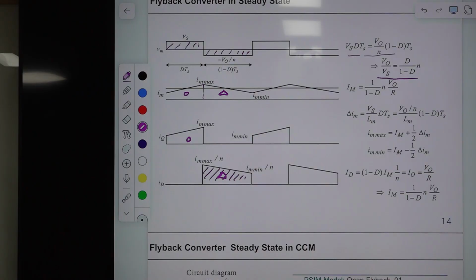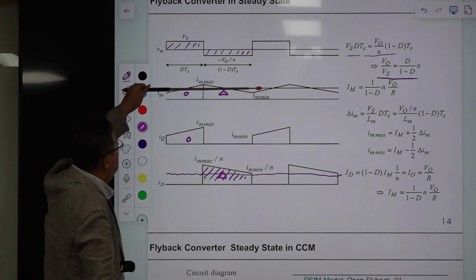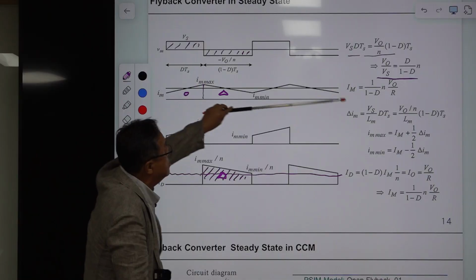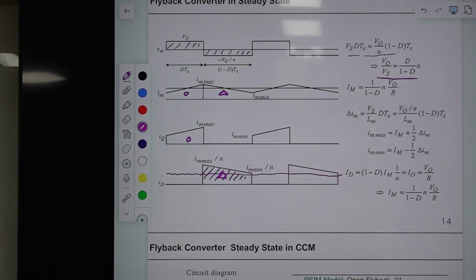So this is the equation, and you evaluate the average value of the IM. And we know this average value of ID. We know the average value of the IM is this one. So we want to derive this. This is the result of this analysis.